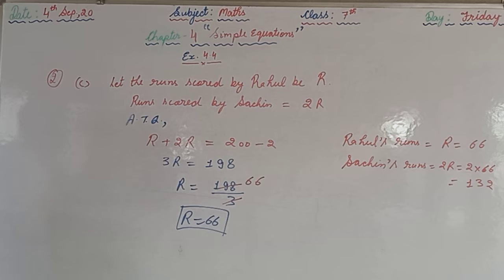So in this way we can proceed with the questions. Now after that we will move towards question number 3. In question number 3 the same things are there, so we will discuss only the first part. The remaining parts you are supposed to solve as homework.